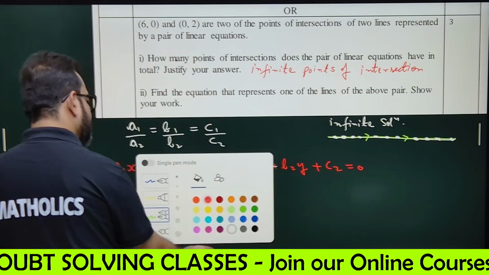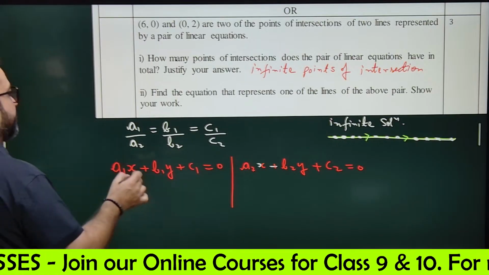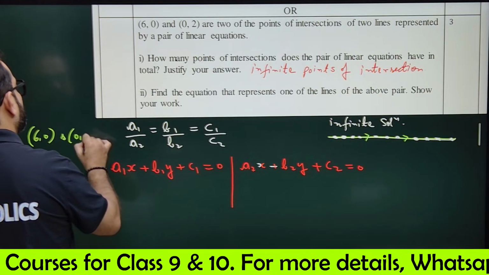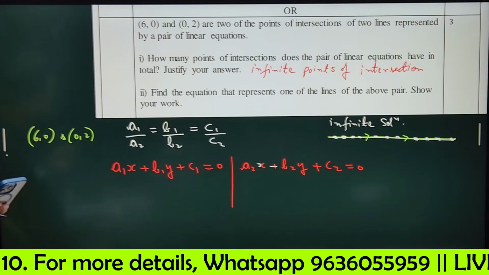Clear? Now see, (6, 0) and (0, 2) are 2 points of intersection. That means this condition must be satisfied, yes or no?